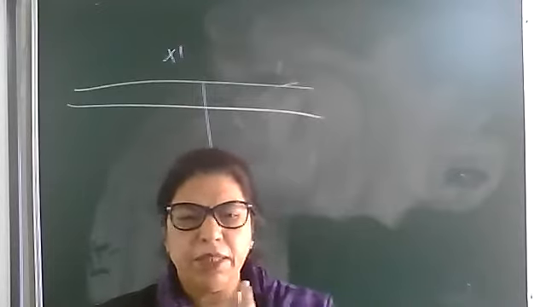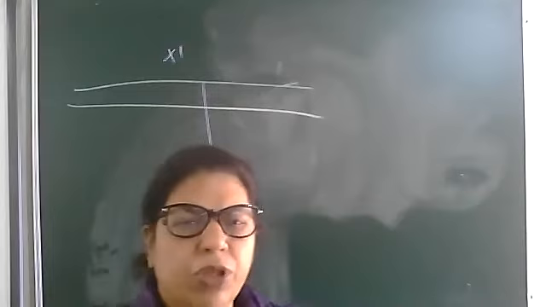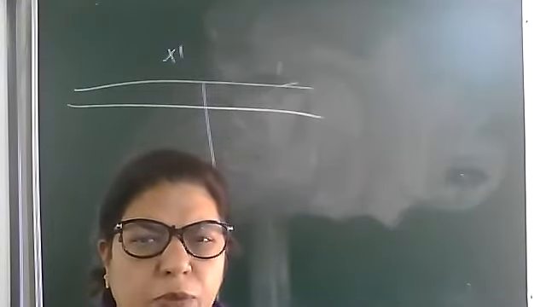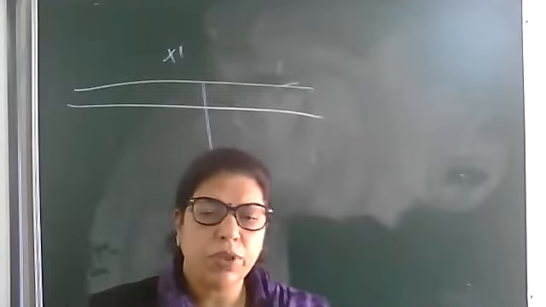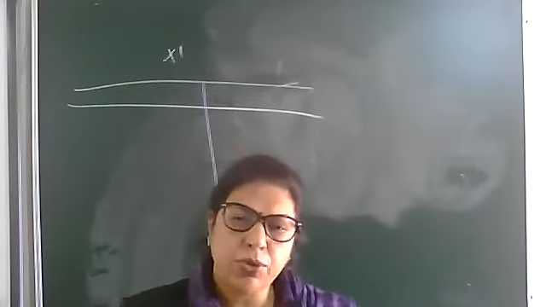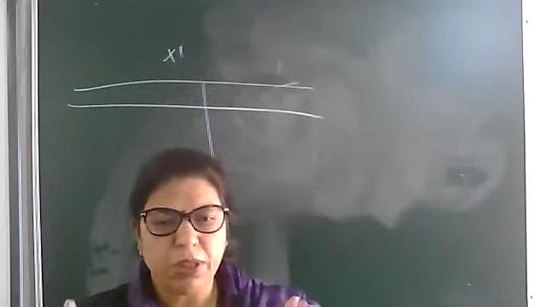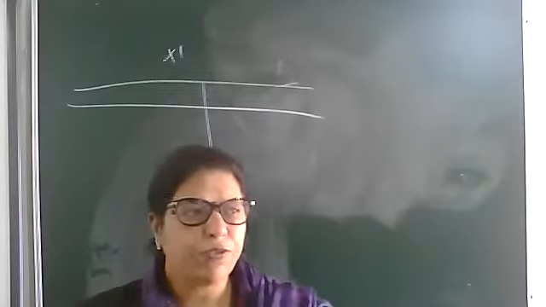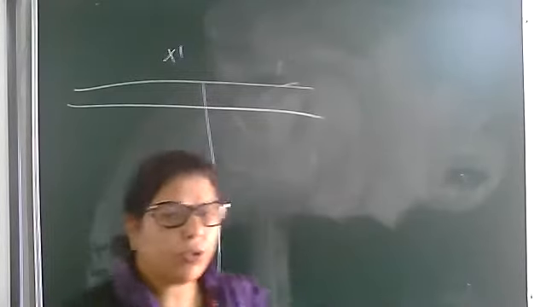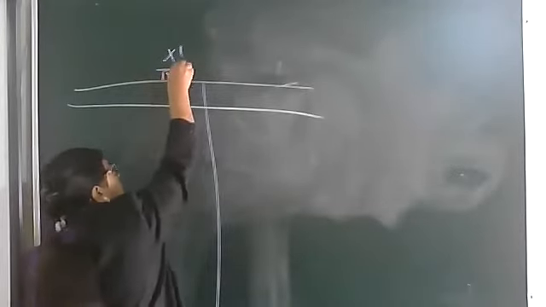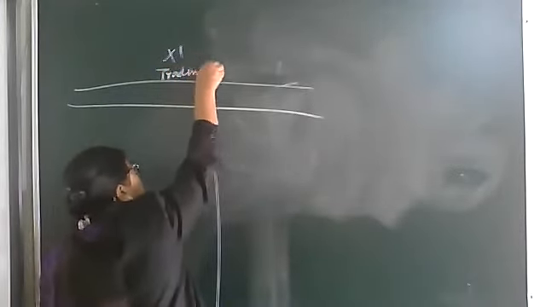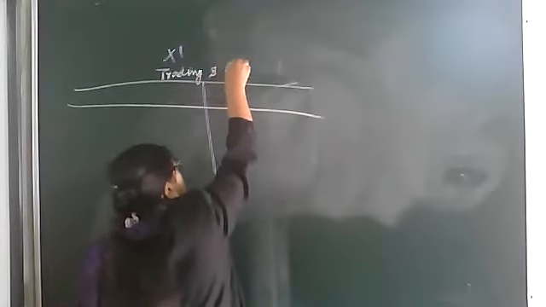Already we completed the theory part of this chapter as well as the formula method. Now we are going to do the format, how to write final accounts in proper tabular form. So see, first you will make the trading and profit and loss account.